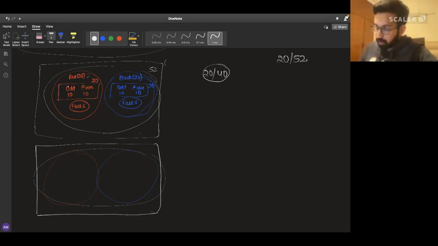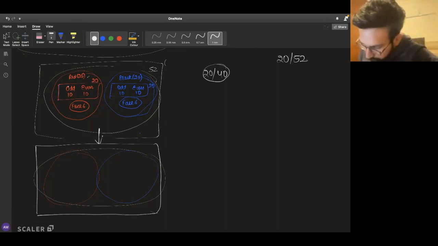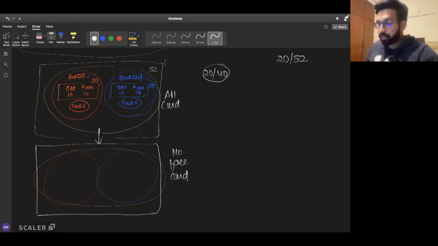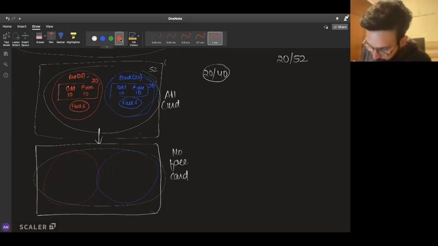Let me finish this. Okay, sure. I'm just thinking if I can sort of explain this. Let me give it a try. So here, this space is all cards possible. This space is no face card is possible. Now, within this no face card possible, you have red 20, and you have black 20, right?